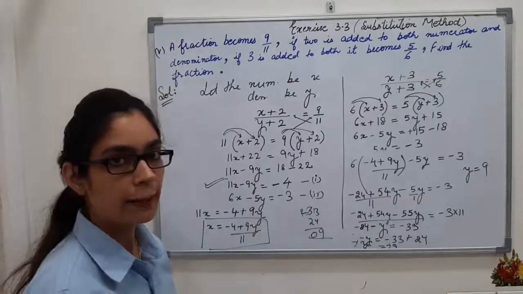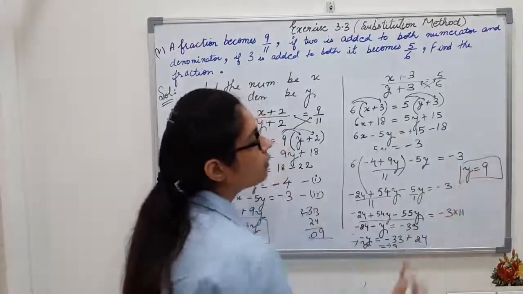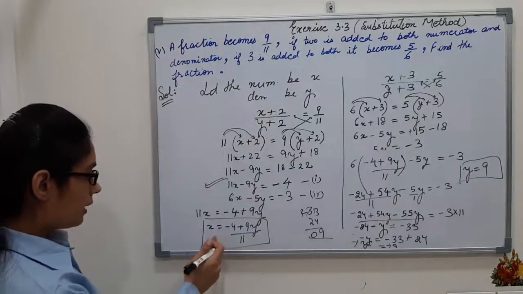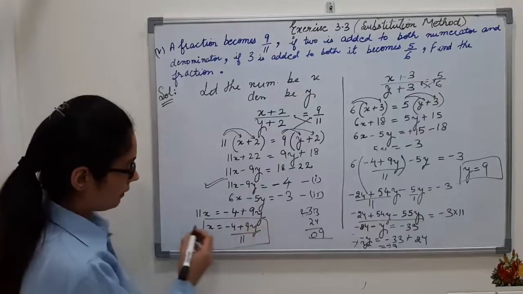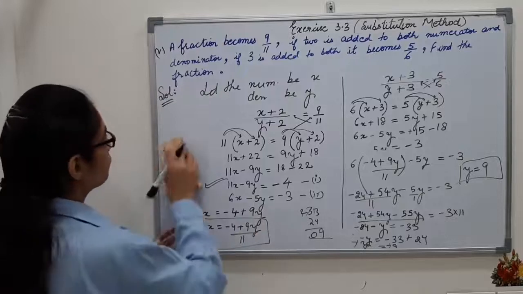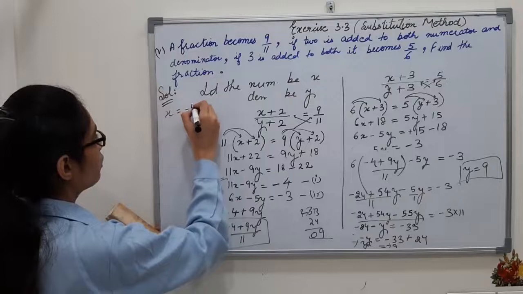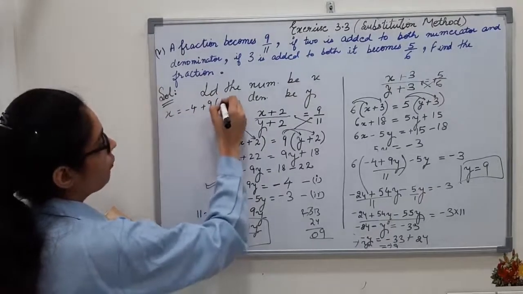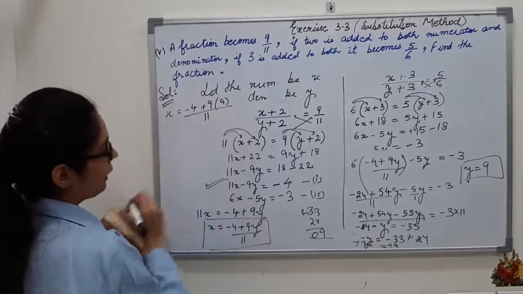So what is our y? Y is our denominator. We got denominator 9. Now let's find out x. Whatever value we found for x at the starting, we'll put the value of y in that. So our x equals minus 4 plus 9y, what is our y? Y is 9, so in place of y I will write 9, divided by 11.